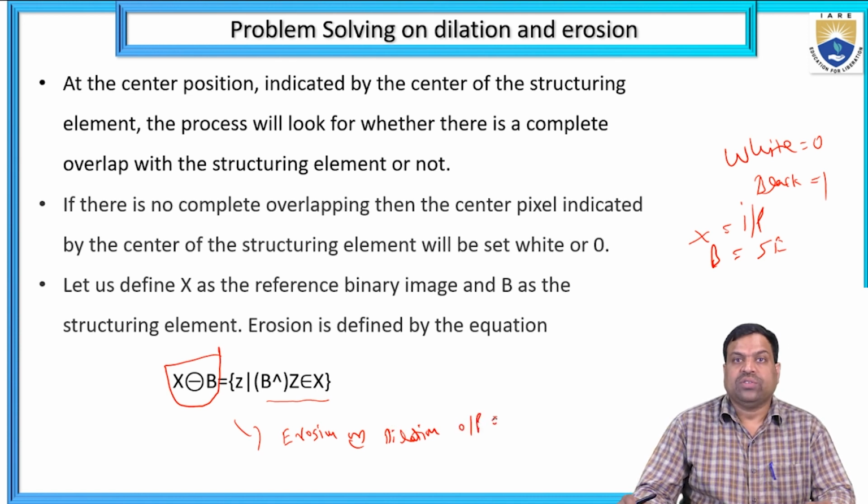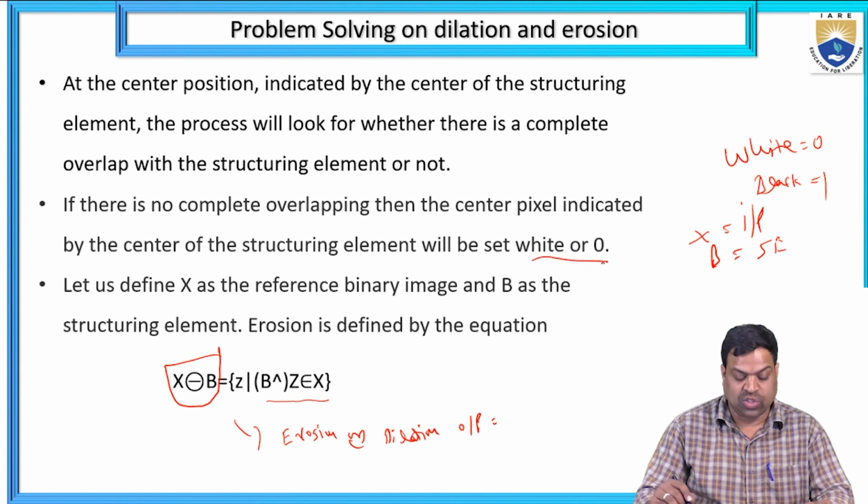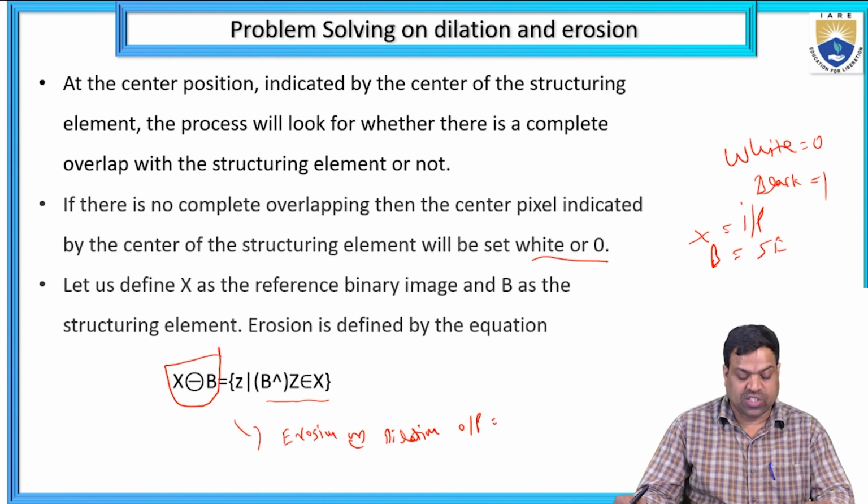At the center position indicated by the center of the structuring element, the process will look for whether there is a complete overlap with the structuring element or not. If there is no complete overlapping, then the center pixel will be set to white or 0. Let us define X as the reference binary image and B as the structuring element.